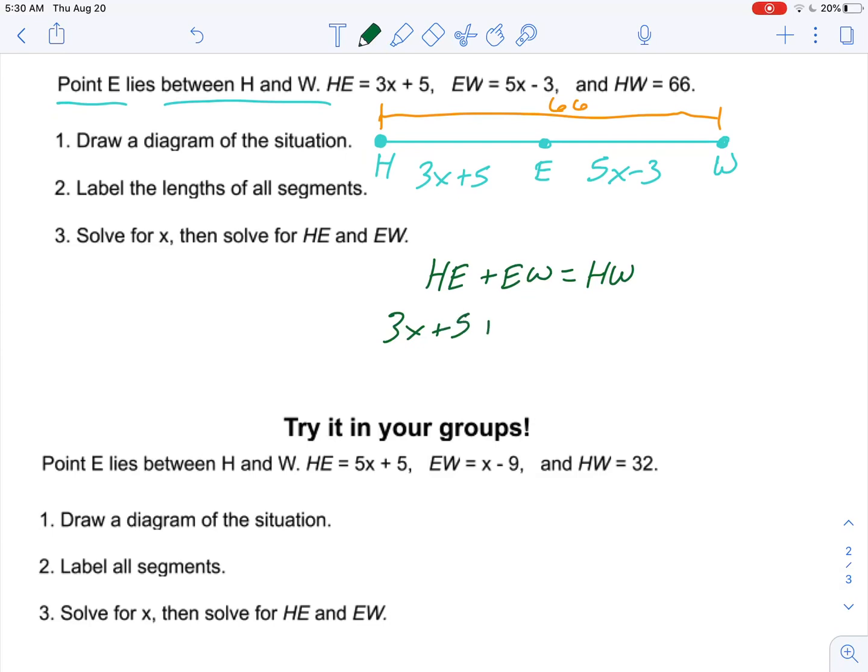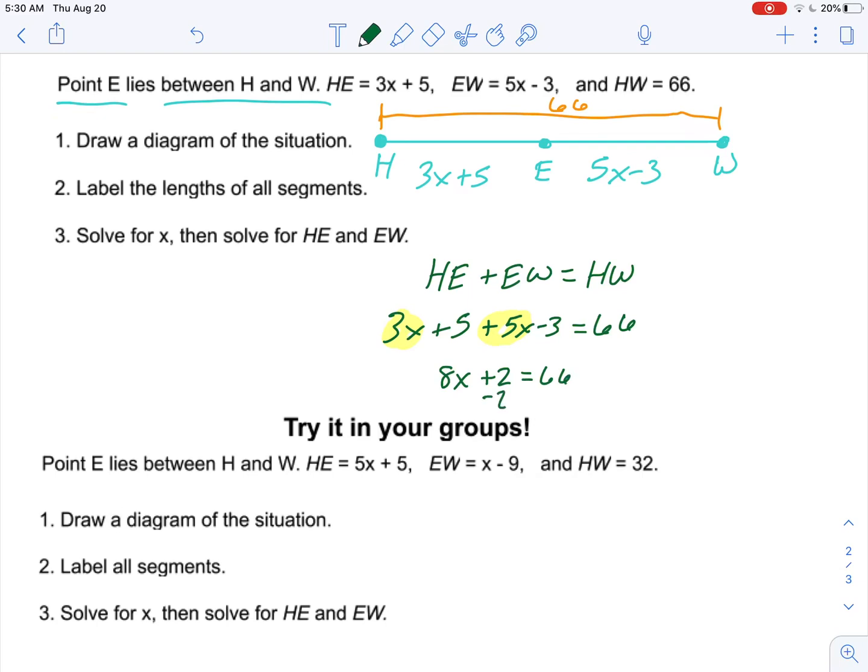3x plus 5 plus 5x minus 3 equals 66. And now let's just combine like terms. So 3x and 5x gets me 8x. 5 and a negative 3 gets me a positive 2 equals 66.